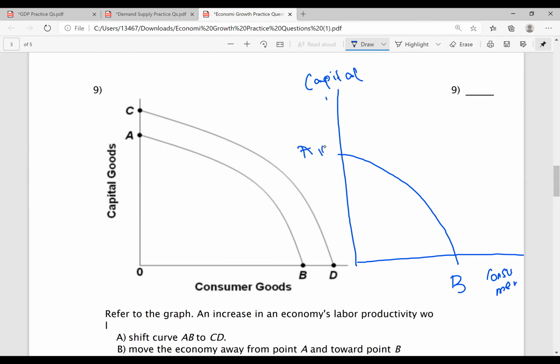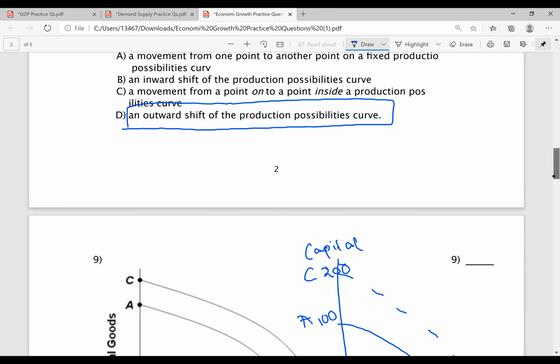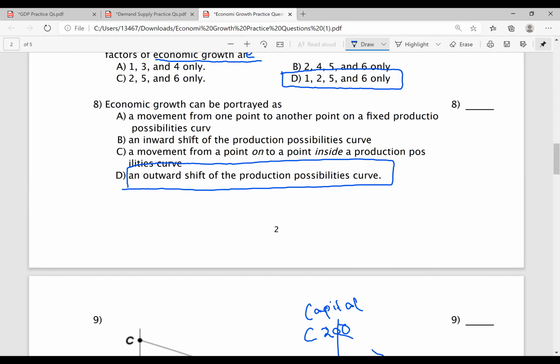Say the economy can produce a maximum of 100 capital goods or a maximum of 100 consumer goods. Economic growth happens if this production possibility frontier shifts to the right and the economy can produce more of both goods. So that really answers question number 8 here.